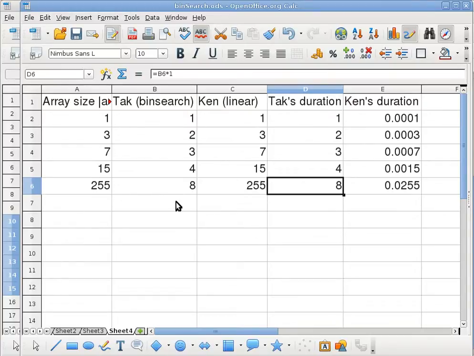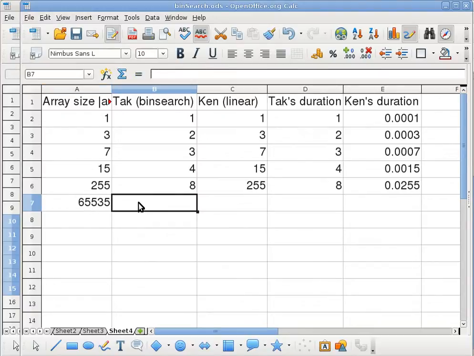Okay. Let me move this up to 65535. There are specific reasons why I pick these numbers. They are powers of 2 minus 1. Okay? 1 is 2 to the power of 1 minus 1. 3 is 2 to the power of 2 minus 1.